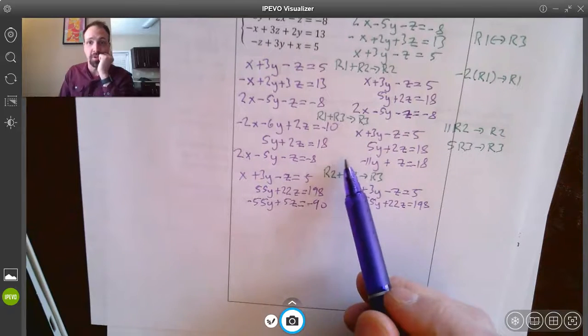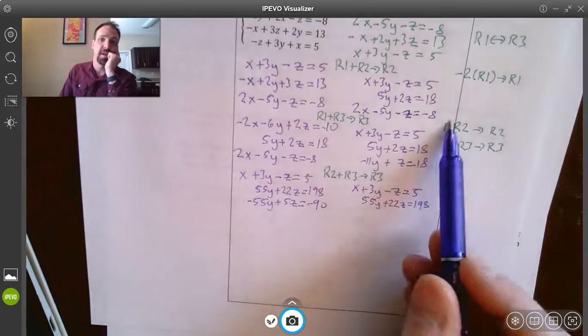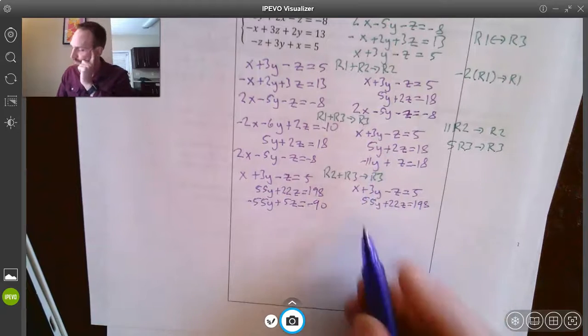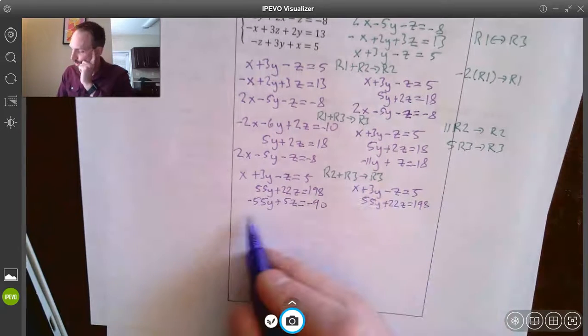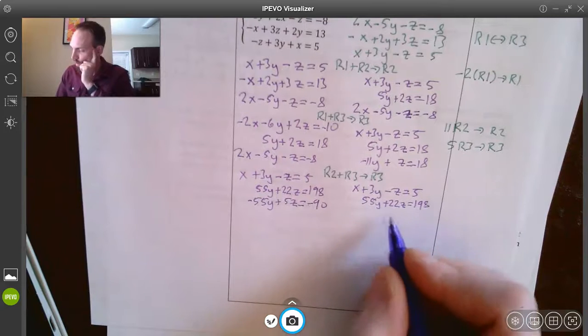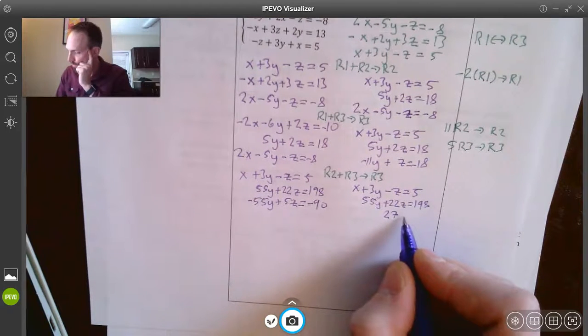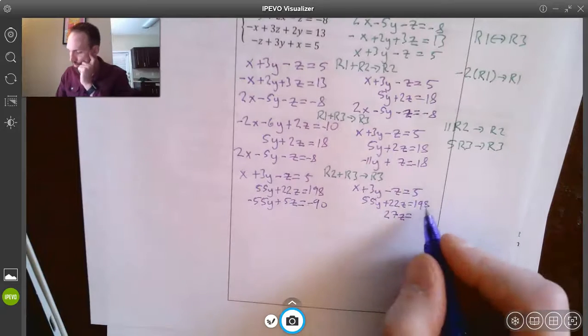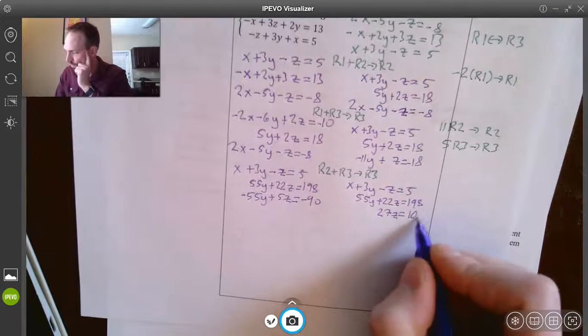And then that will be, so multiplying it by 1 over 11 to get us back to here. We will be doing that eventually. This is 0y plus 27z, and then 198 minus 90 is 108.